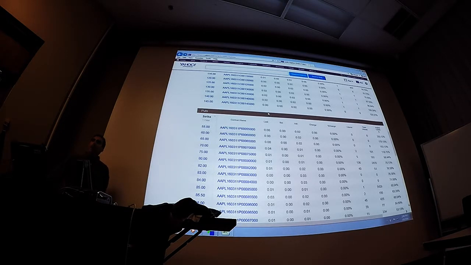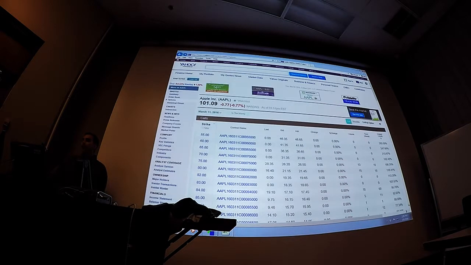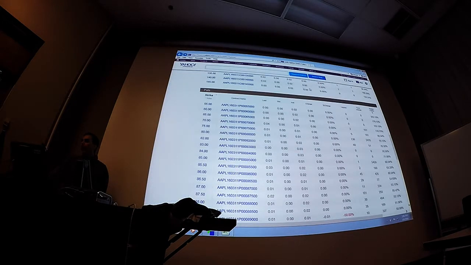And if somehow you could predict the future and you knew Apple stock was going to go up to $200, and you only had $100 to invest, you could either buy 1 share of Apple stock and make that $99 profit, or you could buy a couple hundred of these options, and when Apple stock goes up to be worth $200, this option would be worth about $55, and you would own a couple hundred of them, so you'd make thousands and thousands of dollars of profit.